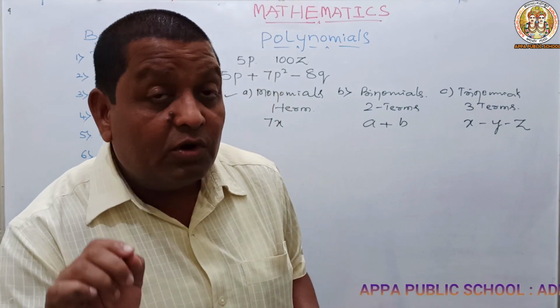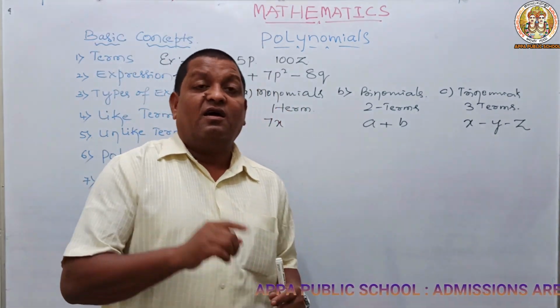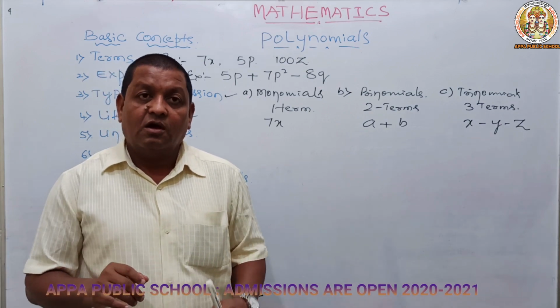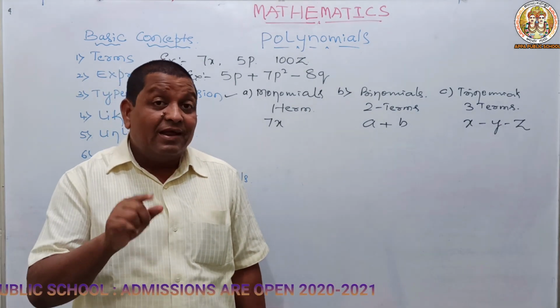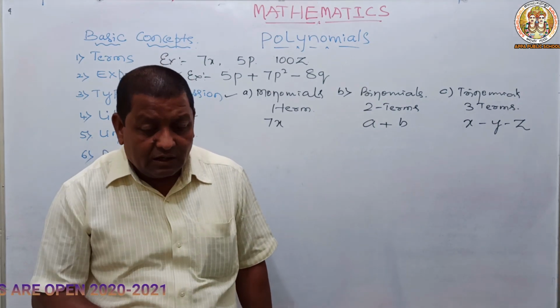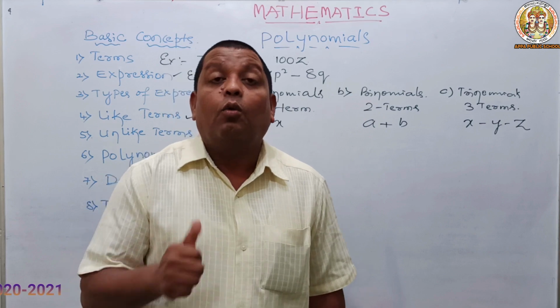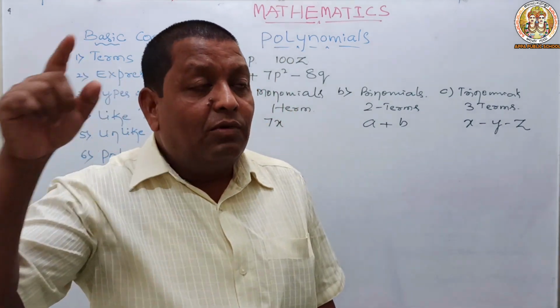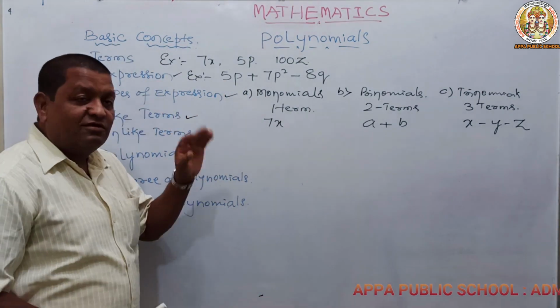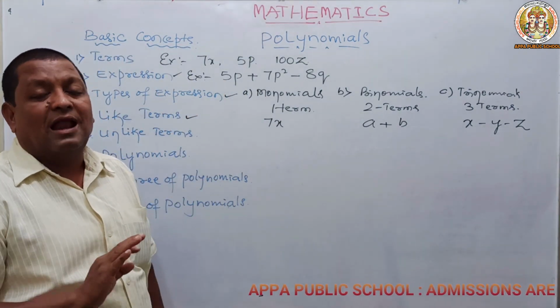The same exponent is very important. Suppose 7x, 5x, 10x, they are like terms. If 7x square, 5x cube, is it a like term? No. Why? Because the power is different, the exponent is different. So when exponents are different, they are not like terms.